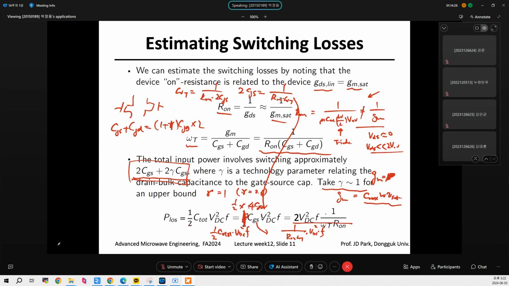So you have to remove this. This is correct, because here the 1/2 is neglected, so we have to put 1/2 because of P loss energy.